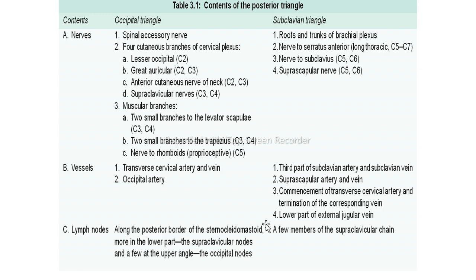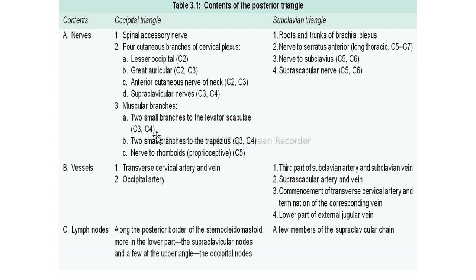So the branches are the lesser occipital nerve from C2, the great auricular nerve from C2, C3, the anterior cutaneous nerve or transverse cervical nerve, C2, C3, and the supraclavicular nerve, fibers arising from C3 and C4.